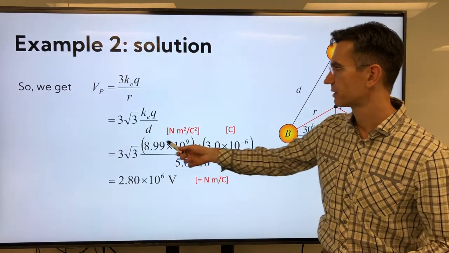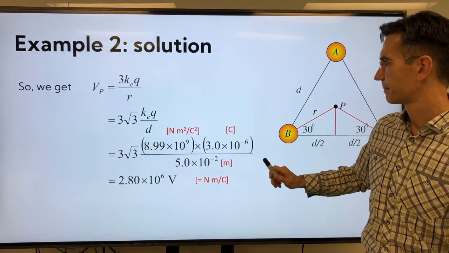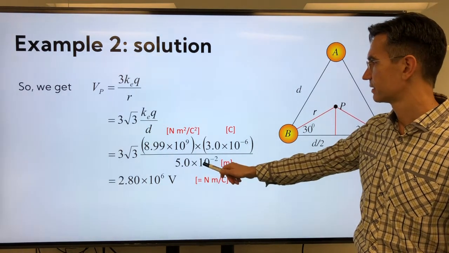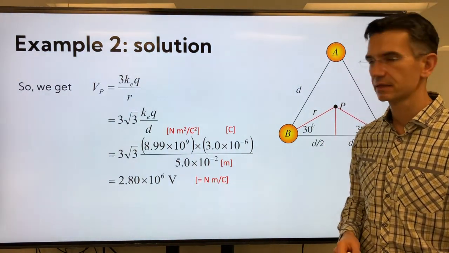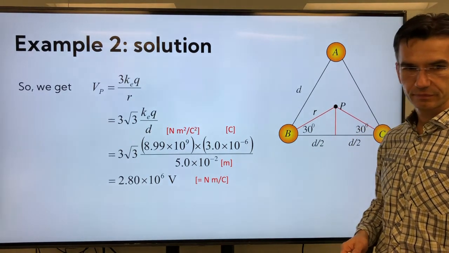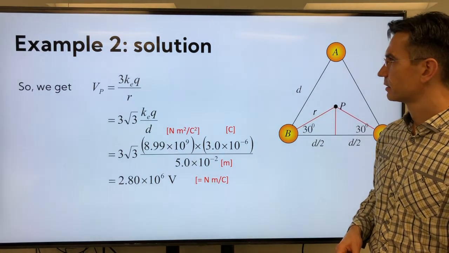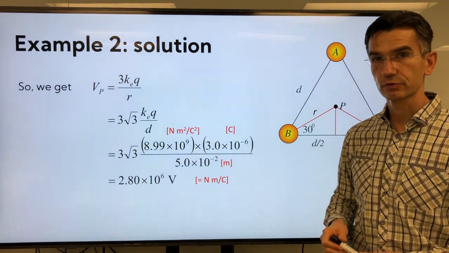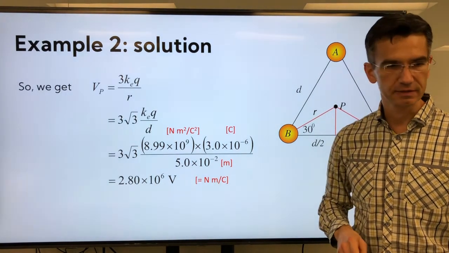And then when we put in the numbers for the Coulomb constant, for the individual charges and for the side d of the equilateral triangle, we get what the electric potential is in the center of the triangle. The individual charges were in microcoulombs, in fact, as opposed to in millicoulombs. I will correct this in the final version of the slides.